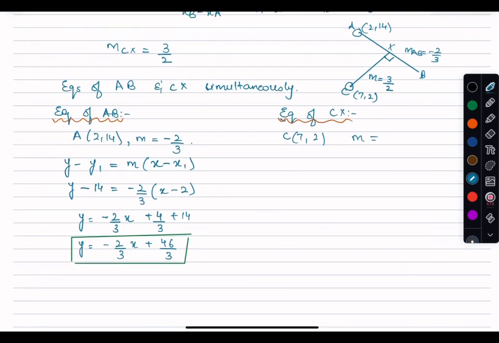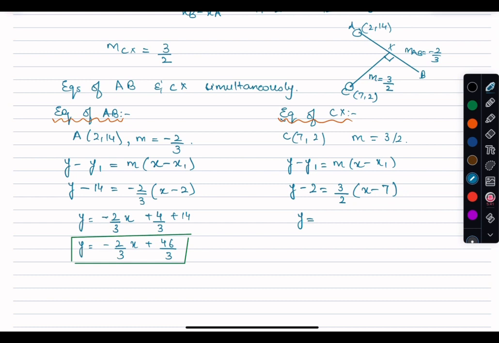It's 3 by 2. So again, I have y minus y1 equals gradient times x minus x1. For y1, x1, I will be substituting the C coordinates. Therefore, y minus 2 equals 3 by 2 times (x minus 7).